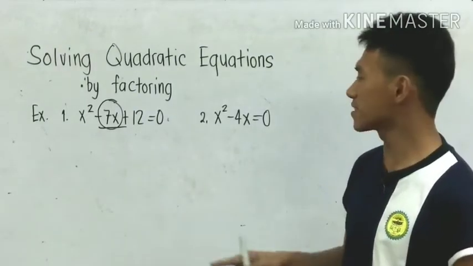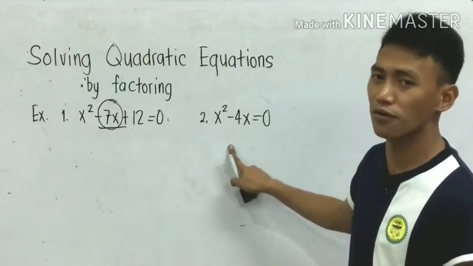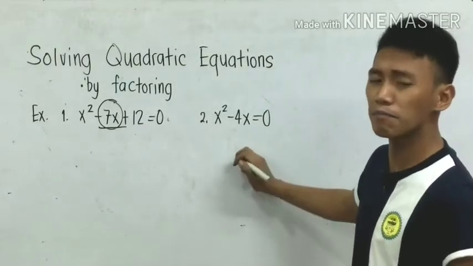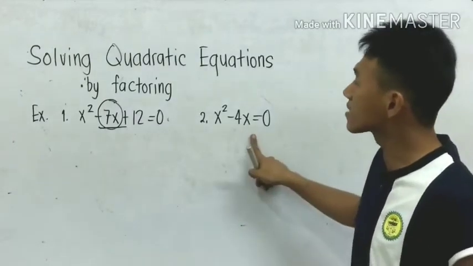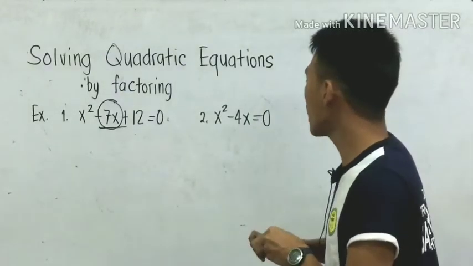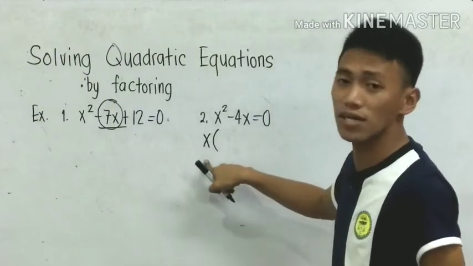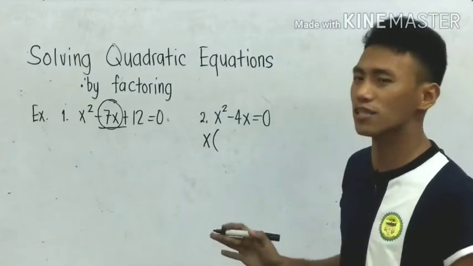So, let's proceed to our second example. We have x squared minus 4x is equal to 0. So, kanina example, dali lang. Atong i-factor out ang x since the constant term is 0. So, we have x. Atong gigawas ang isa ka x kay common man. Kay wala may constant term.